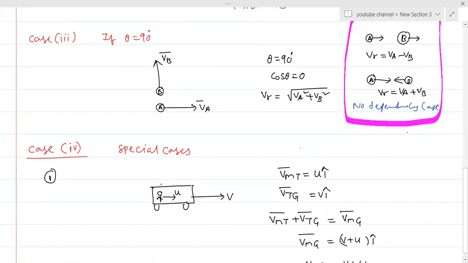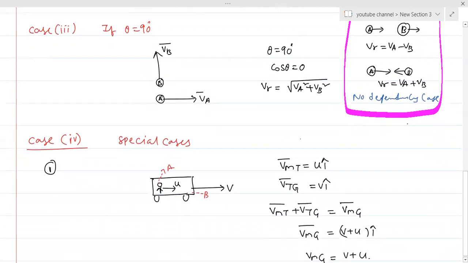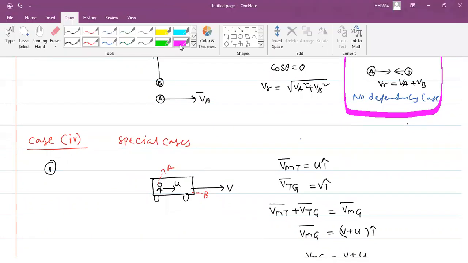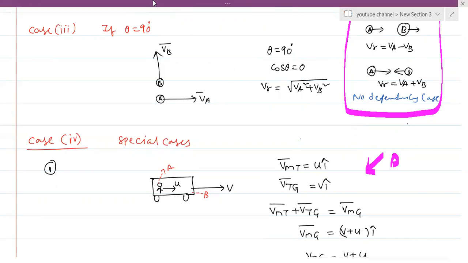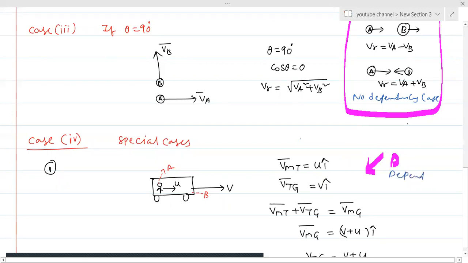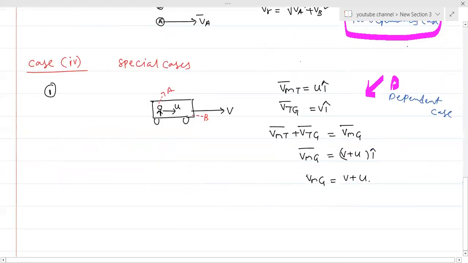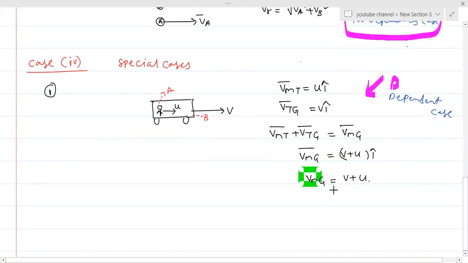So let us consider the person as A and the train as B. Obviously this is a special case, where A depends on B. So this is the dependent case. In the dependent case, for the same direction we will take it as plus. We need to understand and remember that.